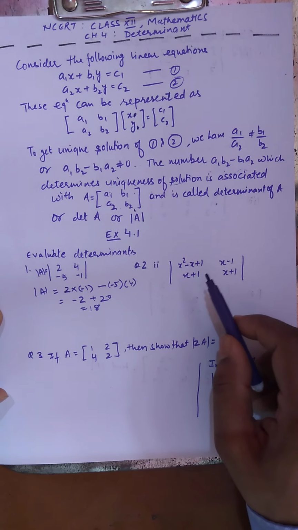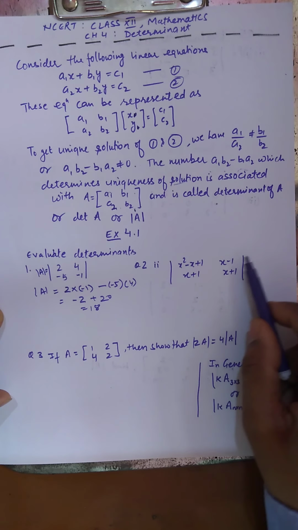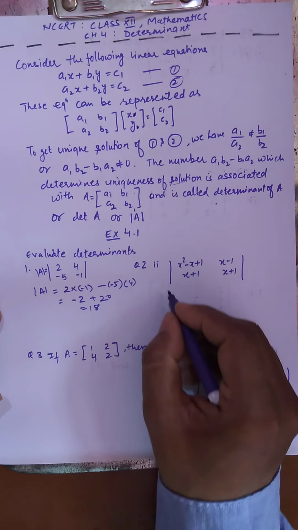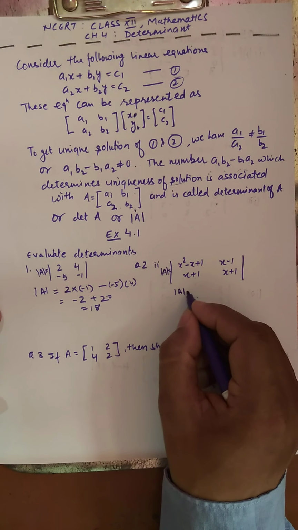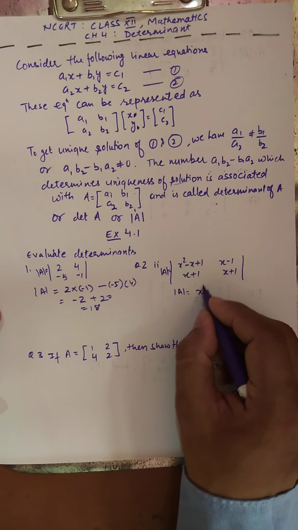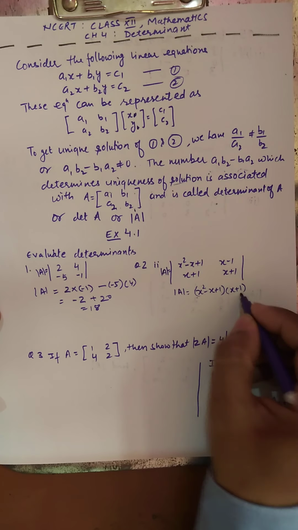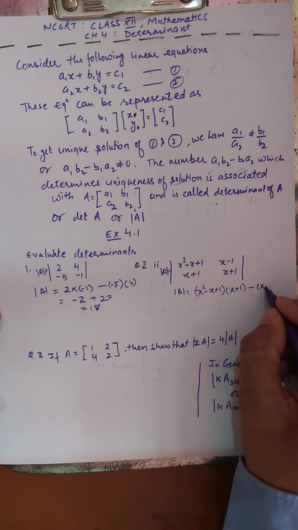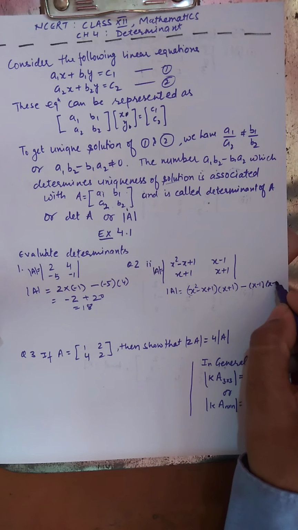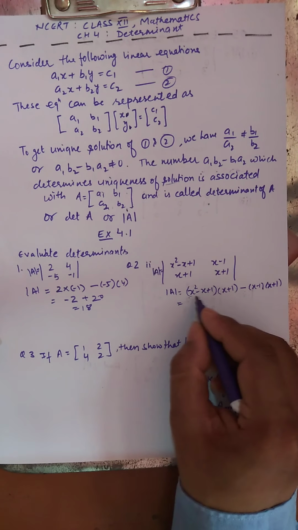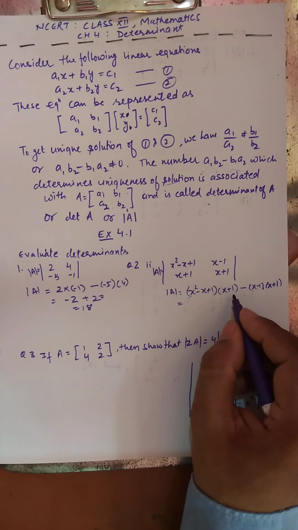You see the second example, x square minus x plus 1, this is x plus 1, and this is x minus 1, this is x plus 1. Do the cross multiplication, this is determinant of A. So this will become x square minus x plus 1, this is x plus 1, minus this is x minus 1 and x plus 1. So you see this is actually the formula of a cube plus b cube.